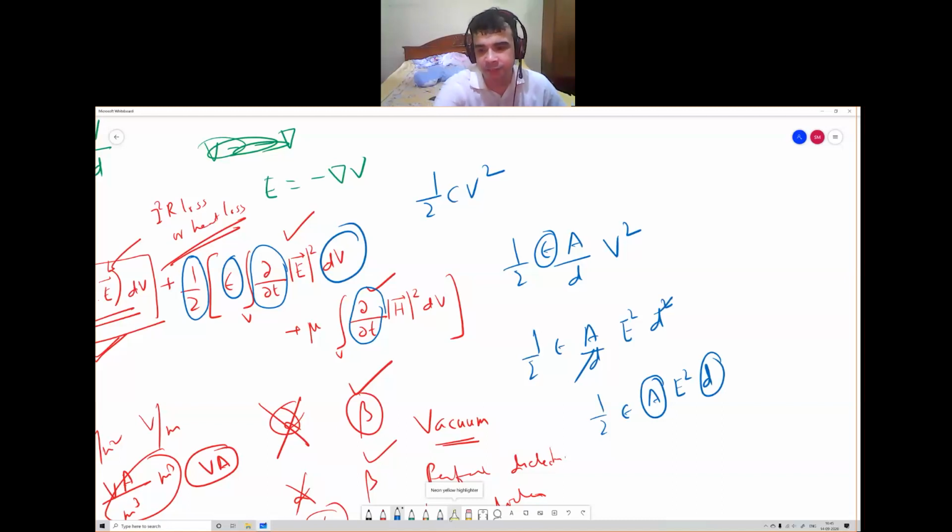Here it is epsilon E square times volume. See here, epsilon E square integrated over a volume. So what could this term mean? It is the energy stored.